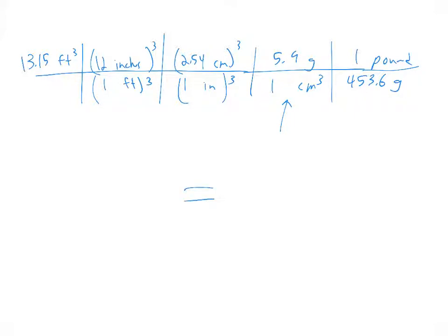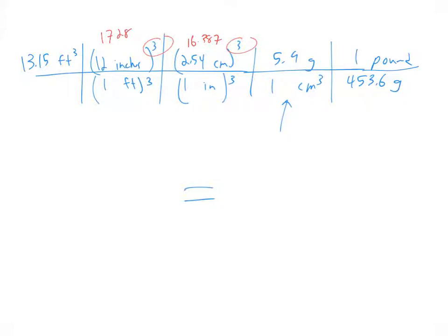You might consider cubing these values first before you do the math. So 12 cubed, for example, is 1,728, because that's 12 times 12 times 12. 2.54 cubed is 16.387.